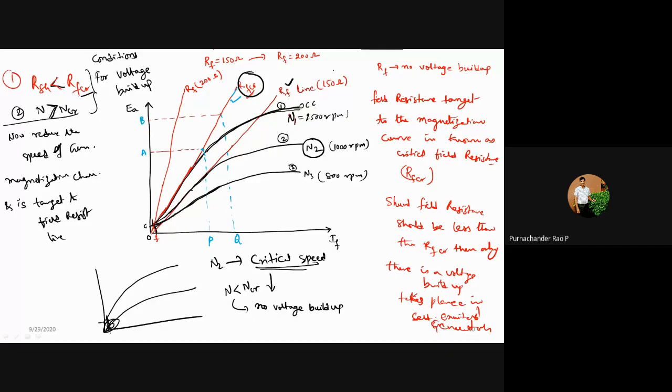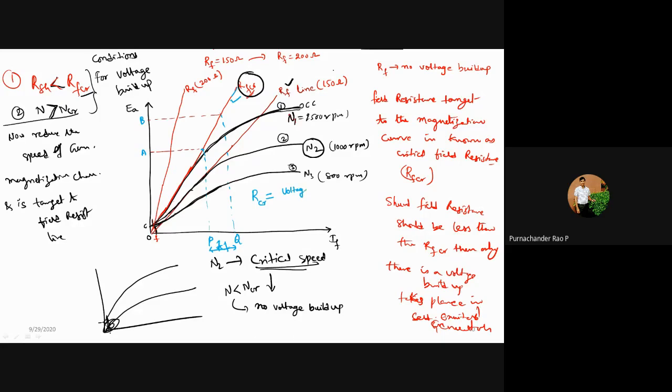So PQ is nothing but your field current, IF, and AB is the voltage. So you can find out your critical field resistance, RFCR.